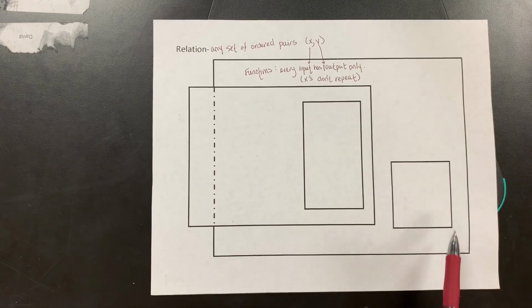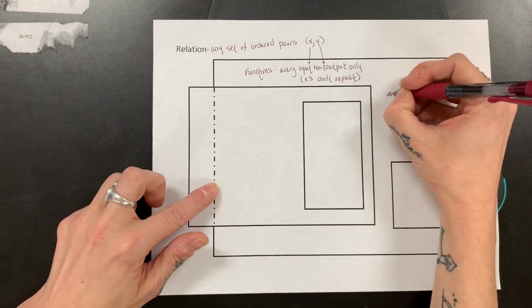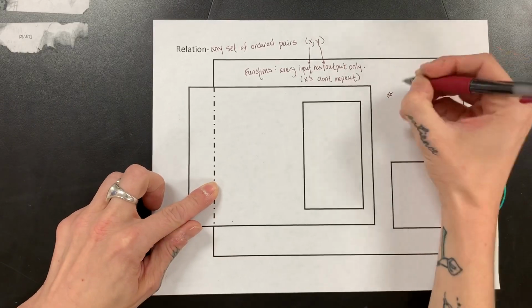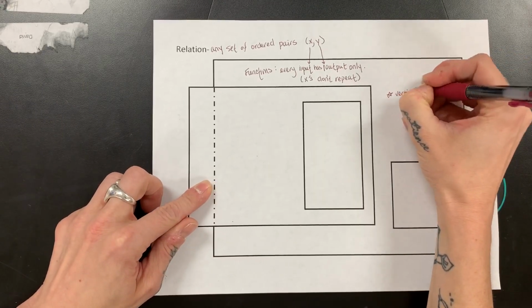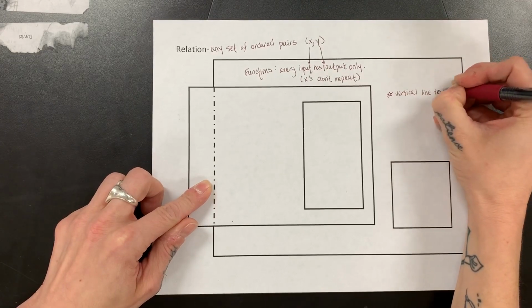And so if we're trying to identify functions from a graph, right, recall that we've got that special test with the vertical lines, the vertical line test.